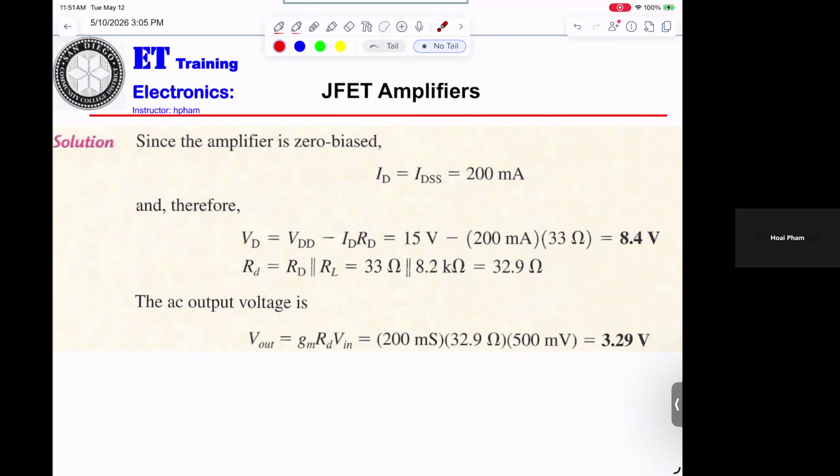And then, you understand when they say small d, that means output impedance.